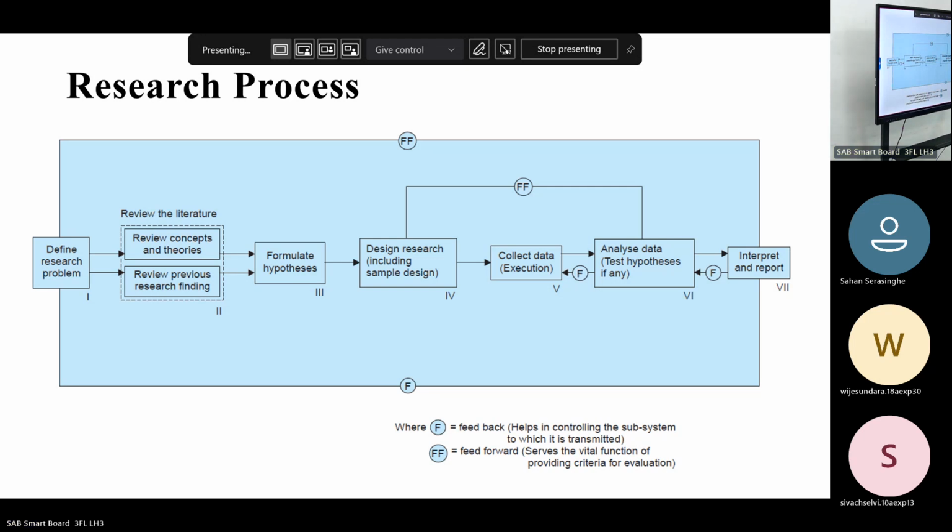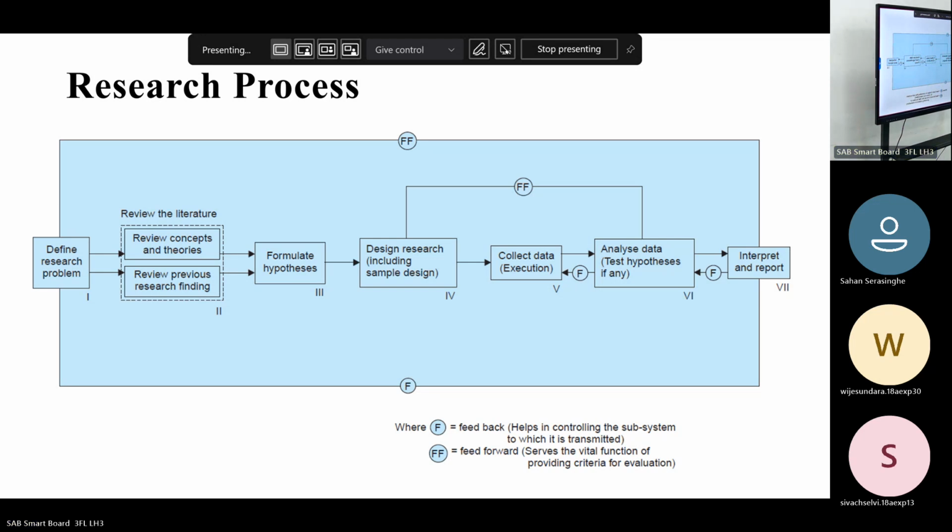SPSS, capital SPSS, you can search for these. EViews, E-V-I-E-W-S. SmartPLS, S-M-A-R-T, capital P-L-S. R, capital R, that's also software.